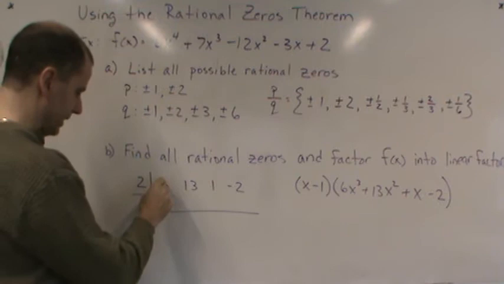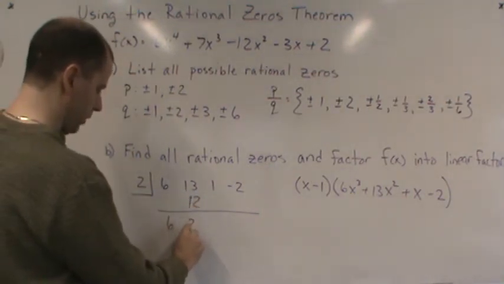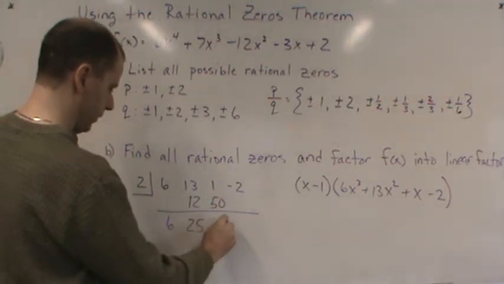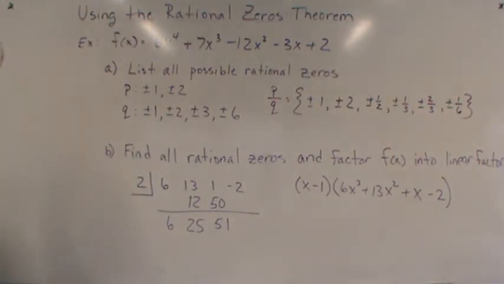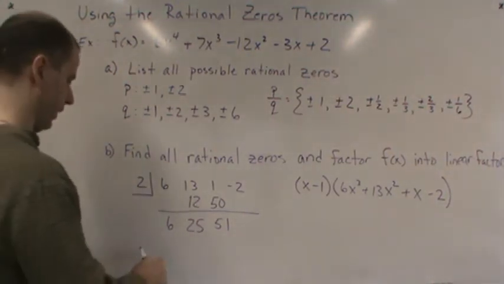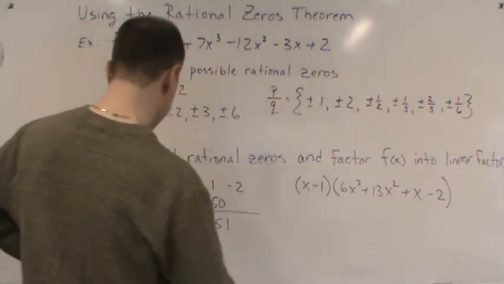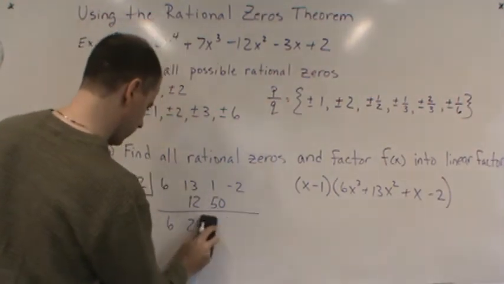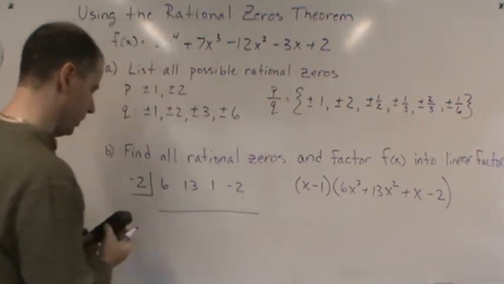So we got 6, down 12, 25, 50, 51. Well, this obviously isn't going to work, because it keeps getting bigger. It's obviously not going to give us 0 here. So positive 2 didn't work, so positive 2 is out.